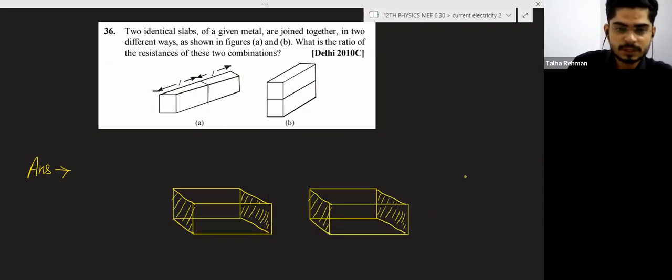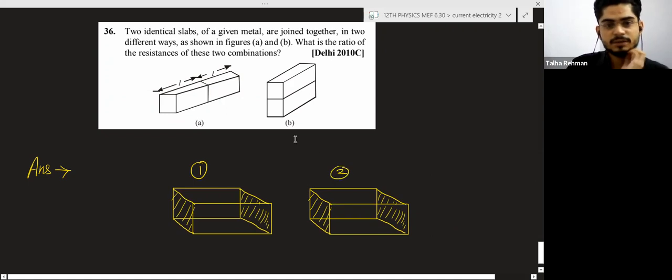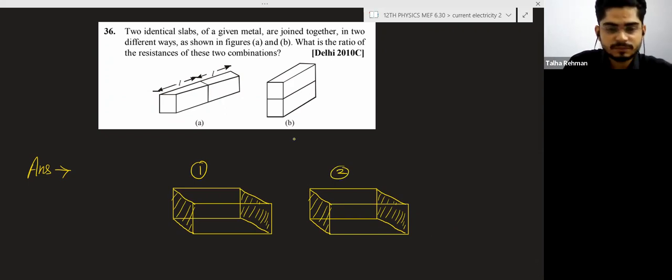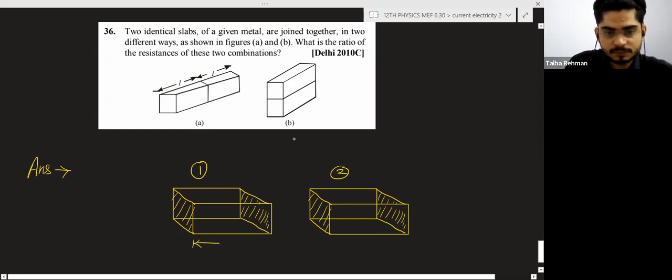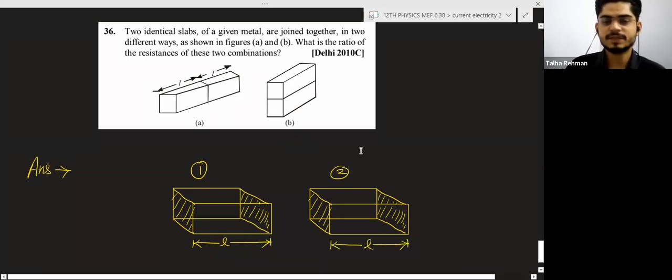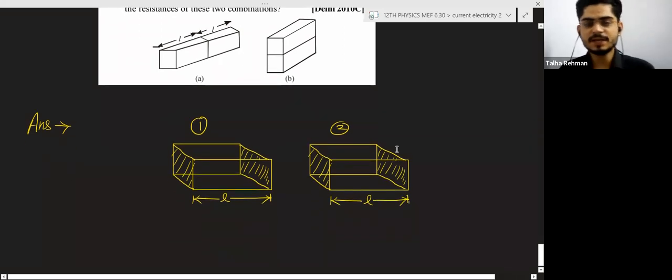So this is slab 1, this is slab 2, and they have same length. Figure is given, but I am just drawing for the satisfaction. So length is same and material is same.